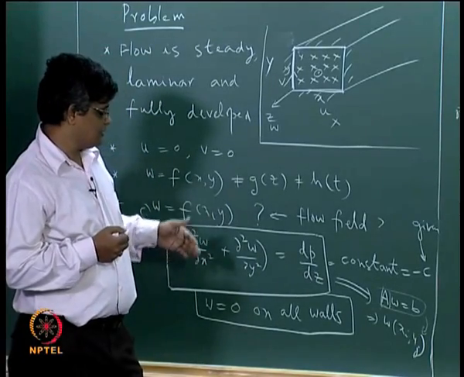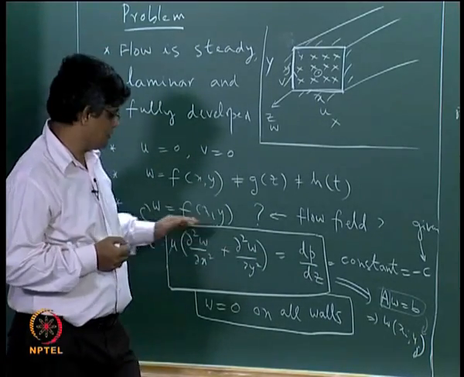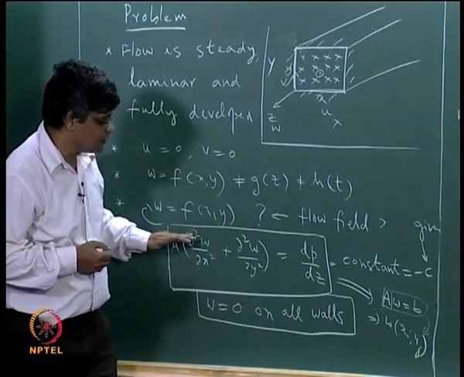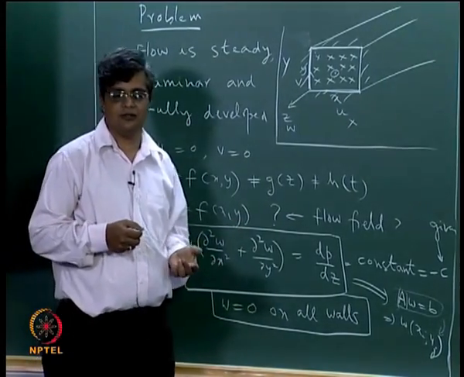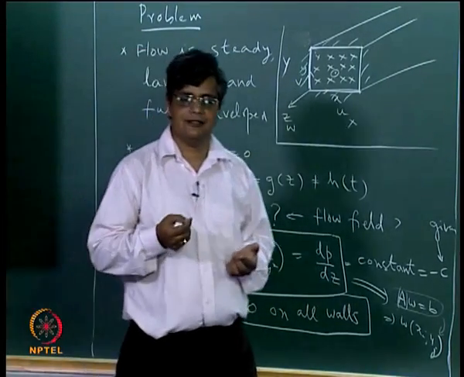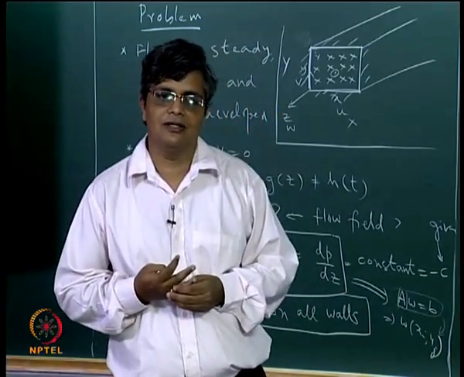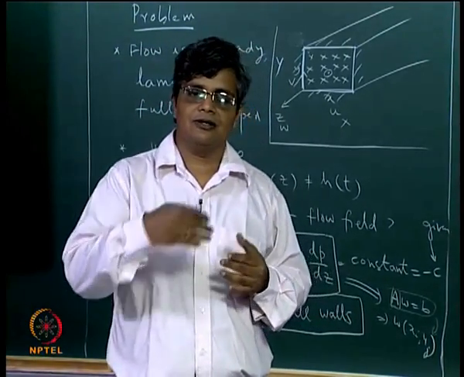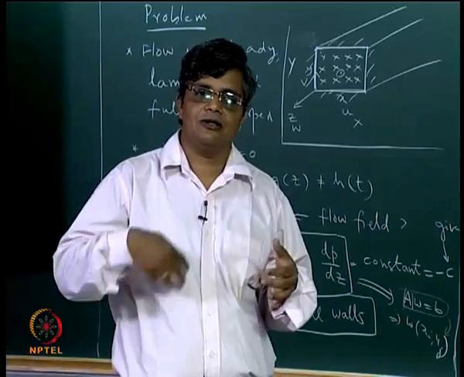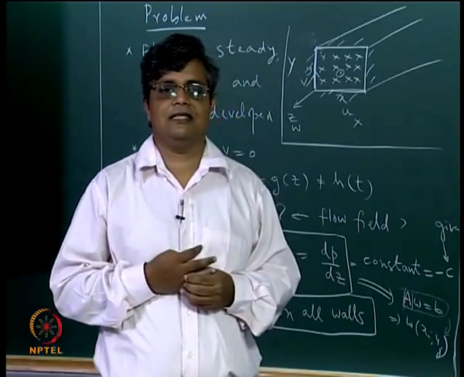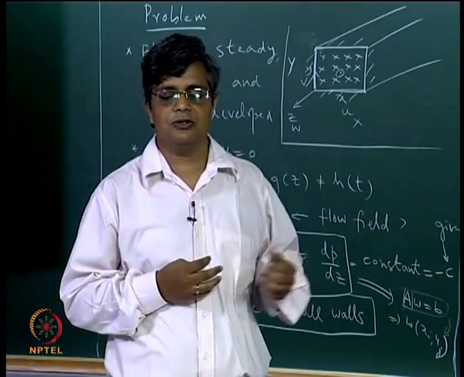And not only that, we will see that the equations are not in such a way that you can solve them separately. The 4 equations which govern the flow, called the Navier-Stokes equations, cannot be solved individually; you have to solve them together, and that makes it a problem for the solution.